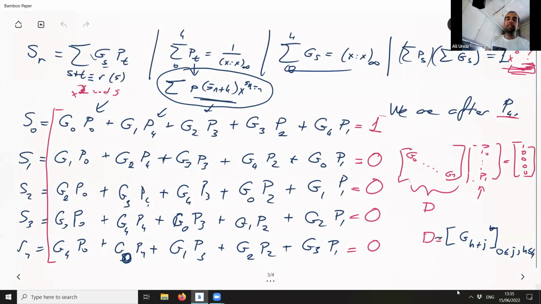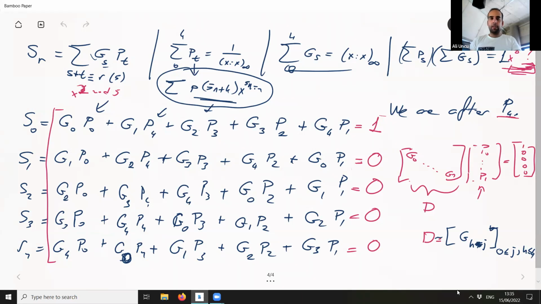Because we're dealing with determinants, I don't want to change the order of rows, right? Probably we should have the same order for the F and for the P. Yeah, that's exactly what it is. So we can have it H minus J if you write it as P0, P1, P2, P3, P4.